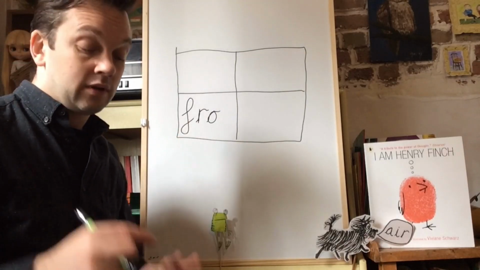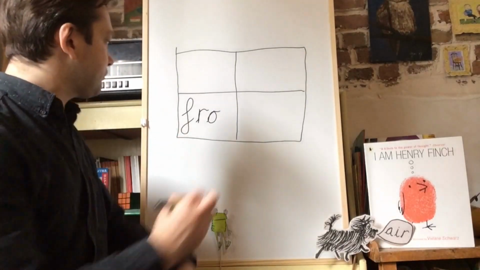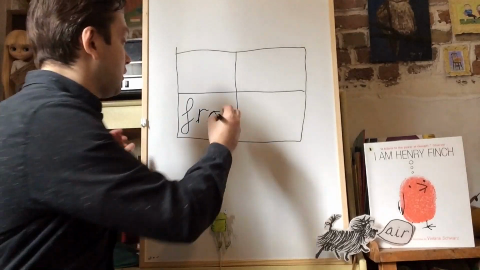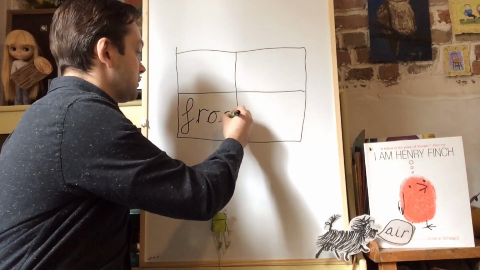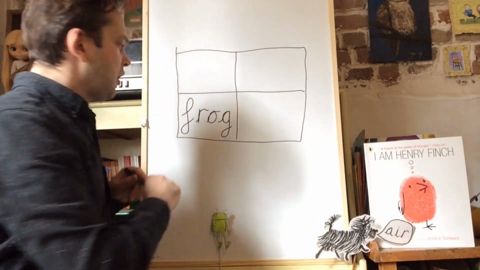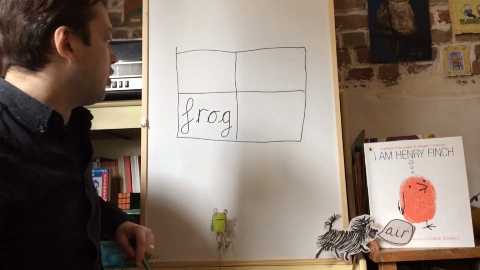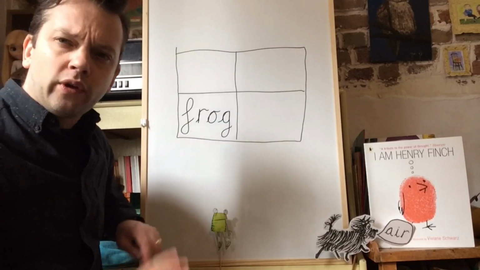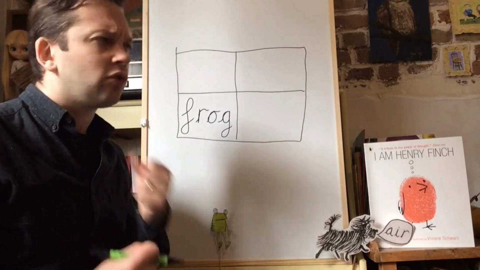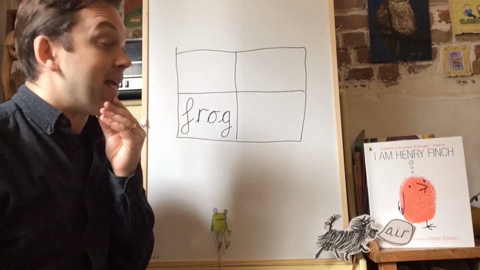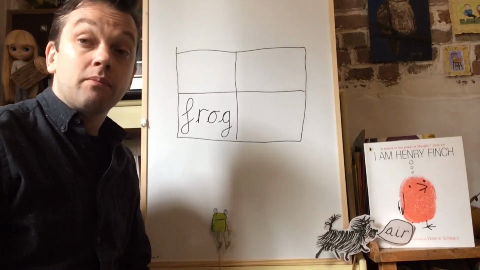What's missing? Yeah, G. Letter G. G, g, g, g, g. Like water going down the sinkhole. Great. Frog is written.